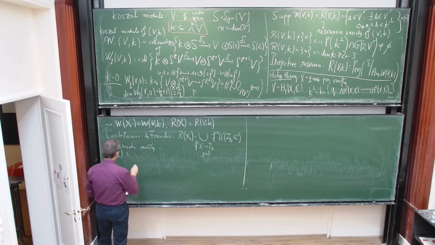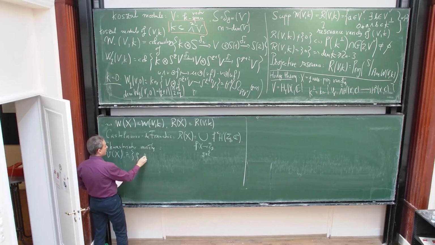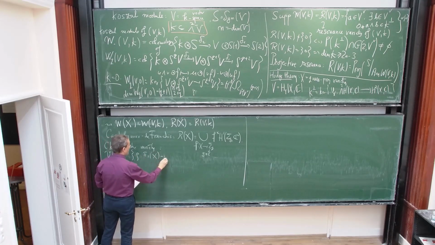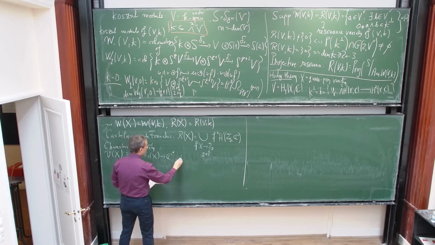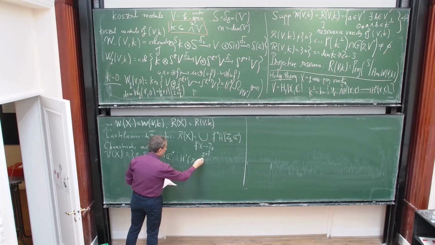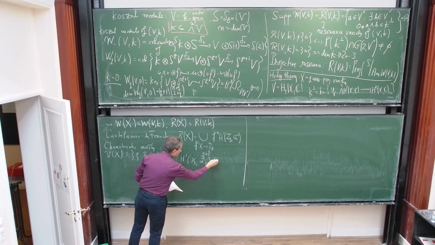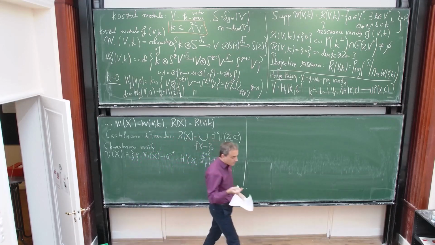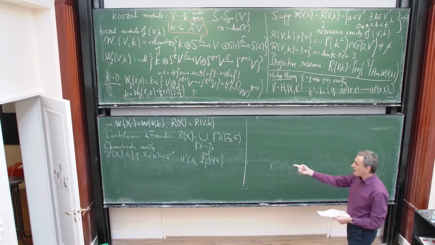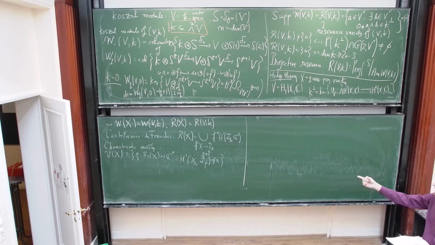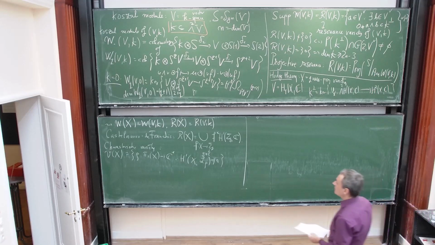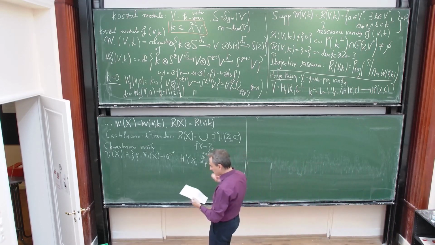So you look at all the local systems, representations of the fundamental group, and you impose the condition that the associated line bundle has non-vanishing cohomology. And this is what's classically called resonance. Essentially, they are cohomological jump loci. And this is called the characteristic variety.